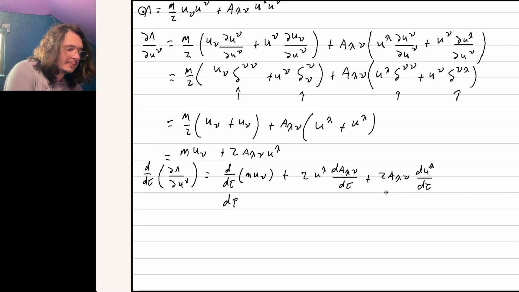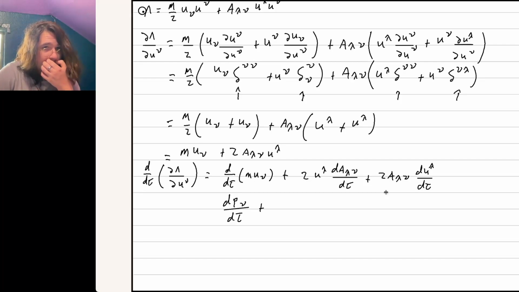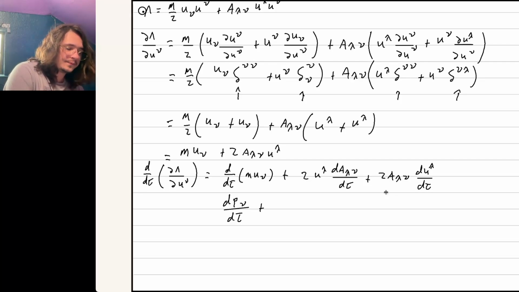So it's going to be dp sub nu d tau, and then taking the time derivative of the tensor a_lambda nu. It's not a function of time explicitly, it's a function of position, which means we can take a partial derivative of it with respect to position, then multiply it by d position d tau.